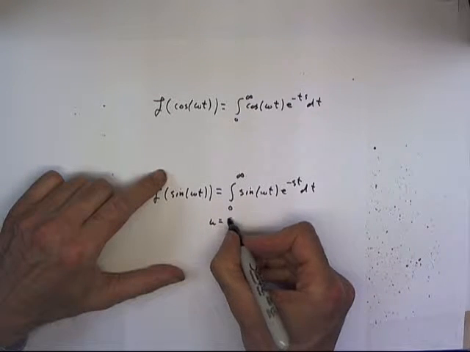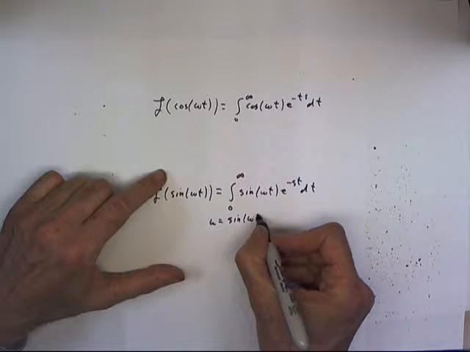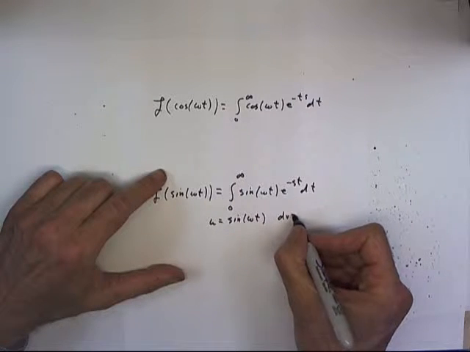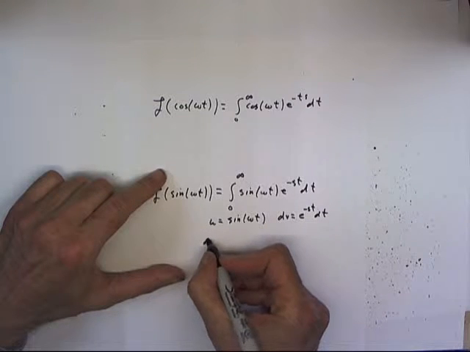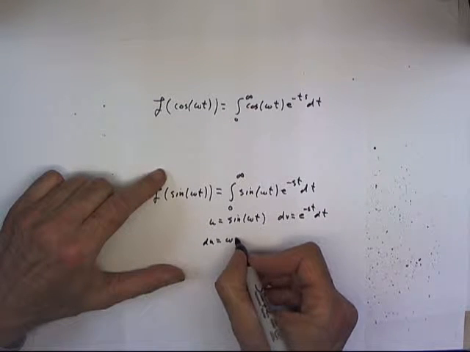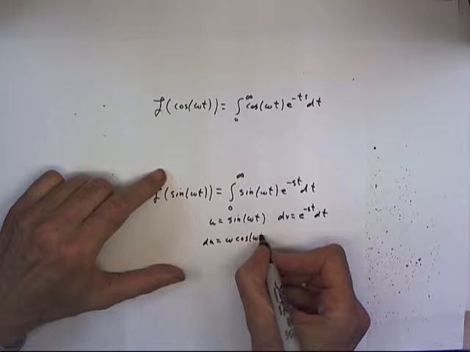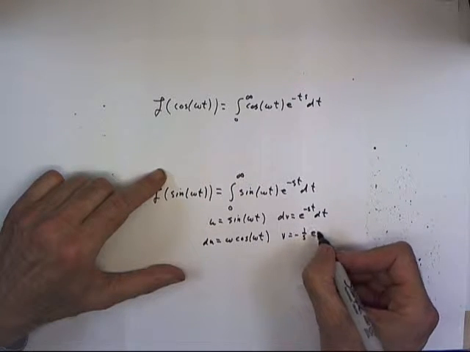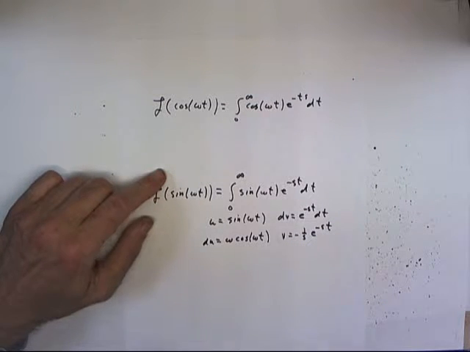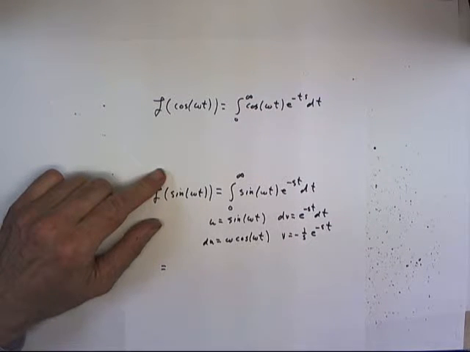Let's let u equal the sine of omega t, dv equal e to the negative st dt, so that du equals omega cosine of omega t, and v equals negative 1 over s e to the negative st.